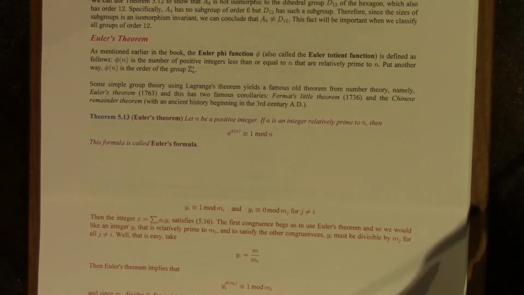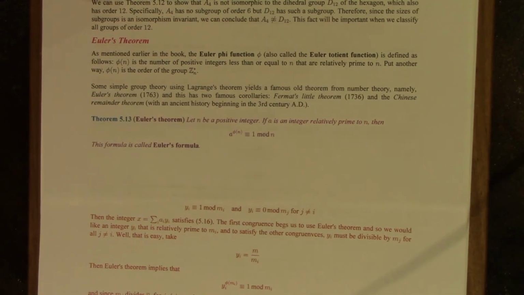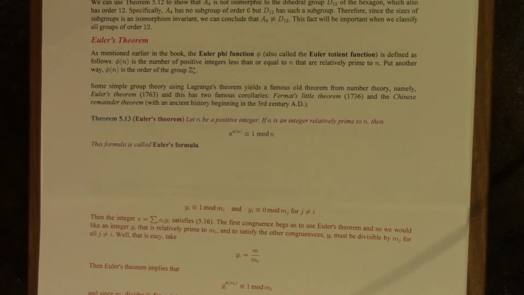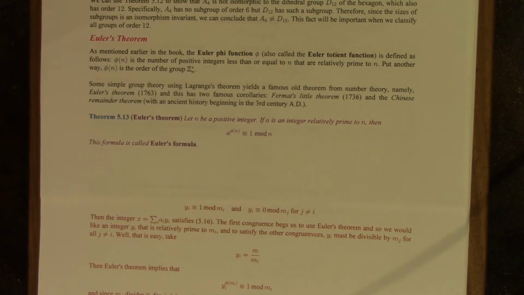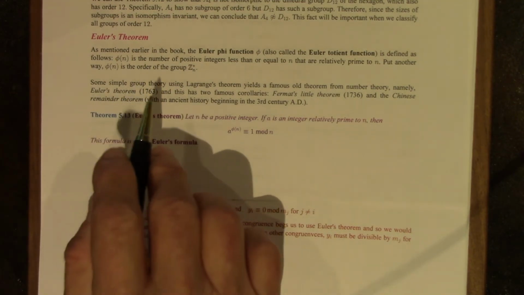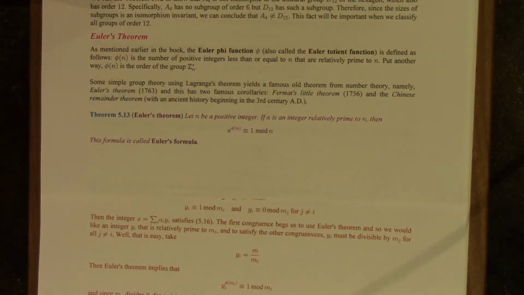Now, some simple group theory that we've already developed using Lagrange's theorem will yield for us a famous old theorem from number theory called Euler's theorem from 1763, and 2 famous corollaries.